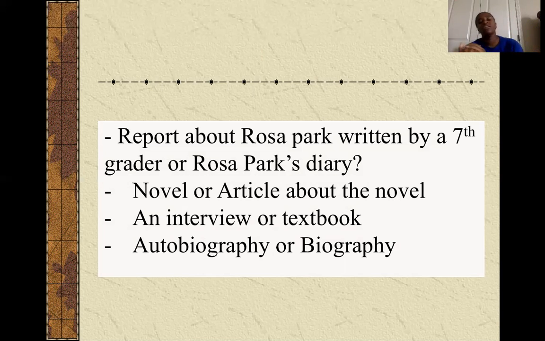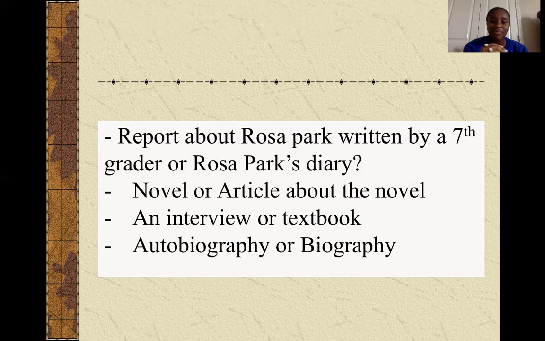All right. So now we have a novel or an article about the novel. Again, this one's kind of tricky because they kind of are the same thing. So let's say we have a novel called The Spider. The Spider is just written about the spider. Then we have an article about the spider, the novel called The Spider.